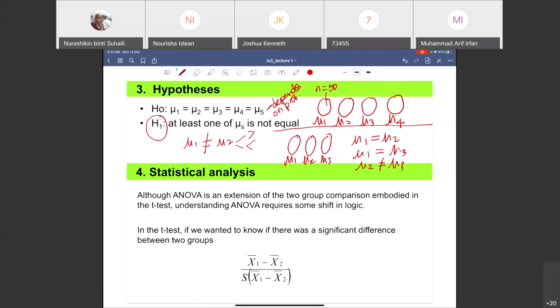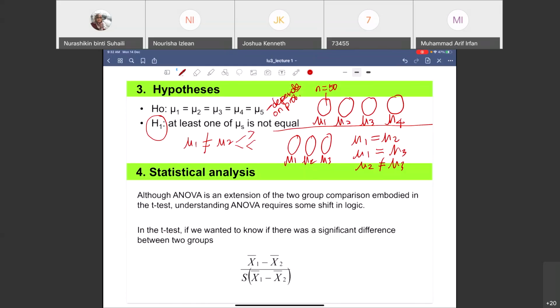Now you see, this is 3 samples, and the possible pairs could be mu1 and mu2, where you compare pair by pair. Another possible pair is mu1 and mu3, and another possible pair is mu2 and mu3. So those are the possible pairs from all of these 3 samples.